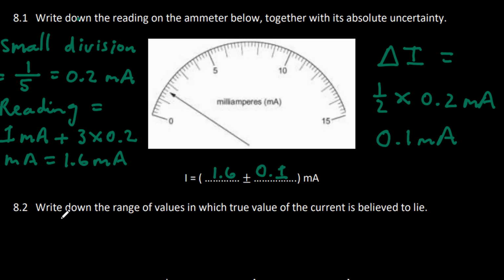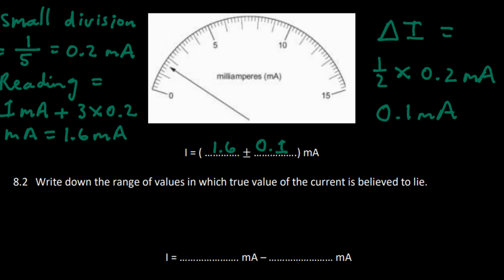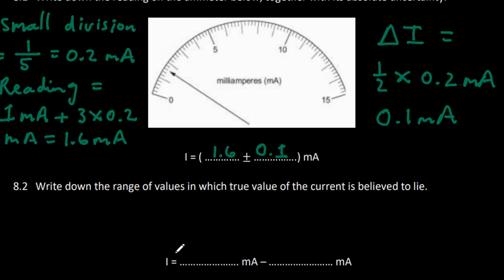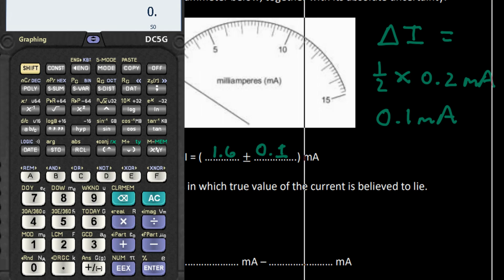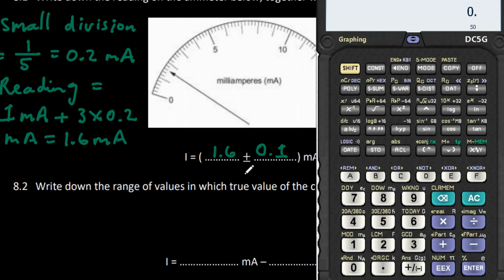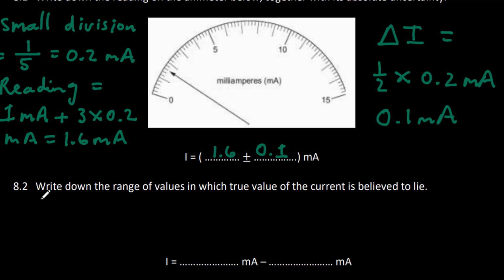Then in 8.2 it says write down the range of values in which the true value of the current is believed to lie. So we need the range of values, and we can use a calculator here. To get a lower boundary of this range, we take the measurement and subtract 0.1.